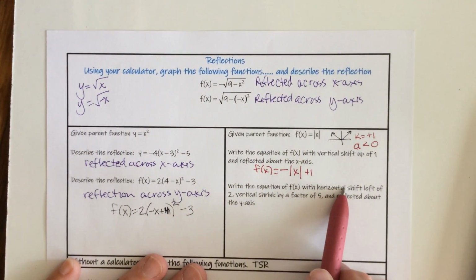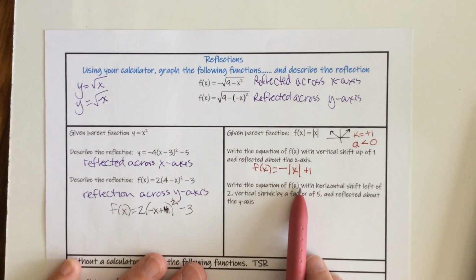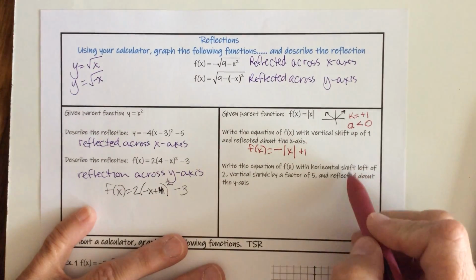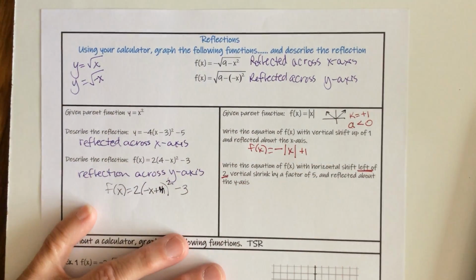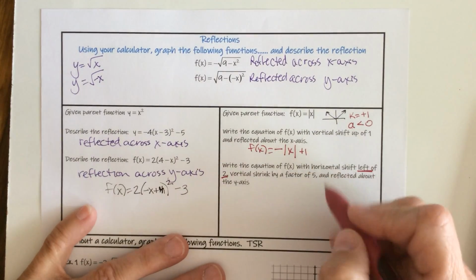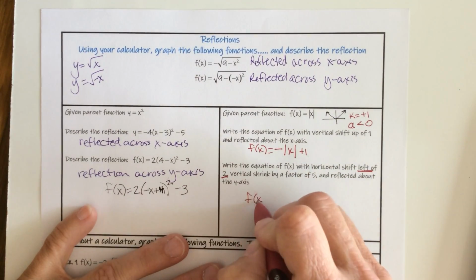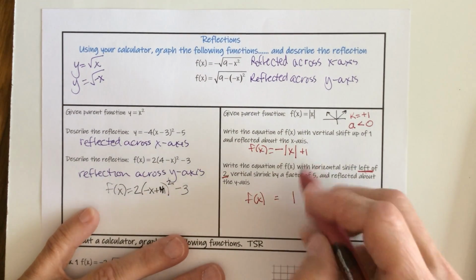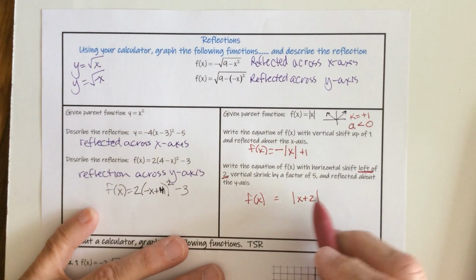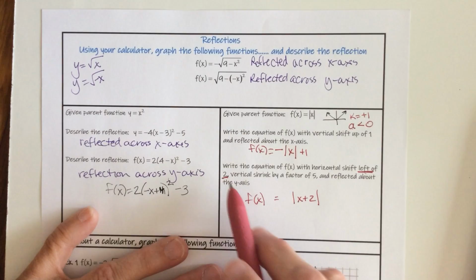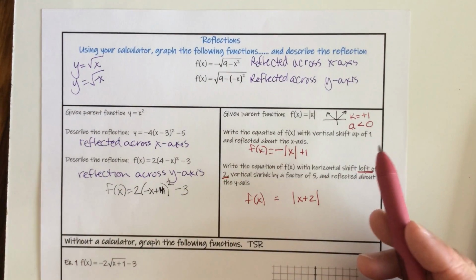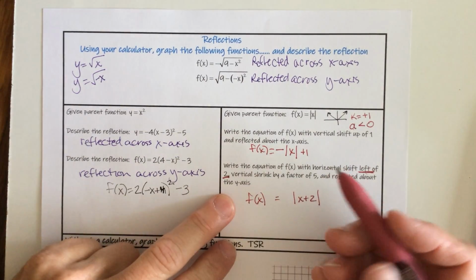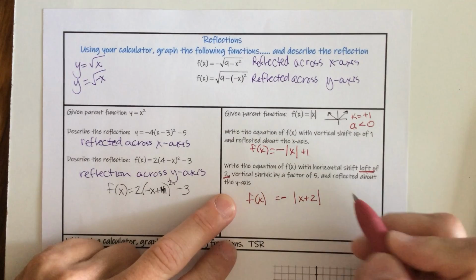All right, then we have the same function, but this time I want us to write the equation of f of x that has a horizontal shift of 2 to the left. That means that my equation inside the parentheses will have x plus 2. So this x plus 2 will shift the graph left. I want this to be reflected about the y-axis, so I need a negative out front.